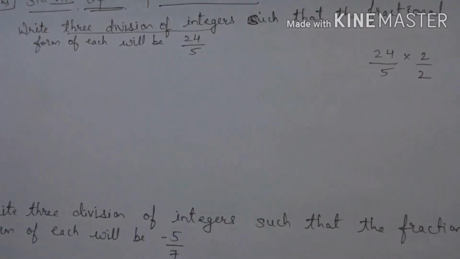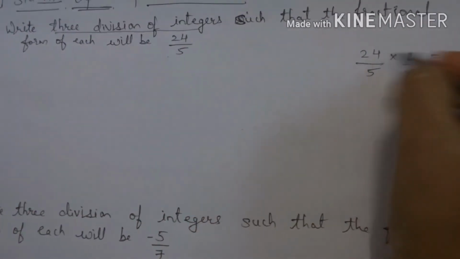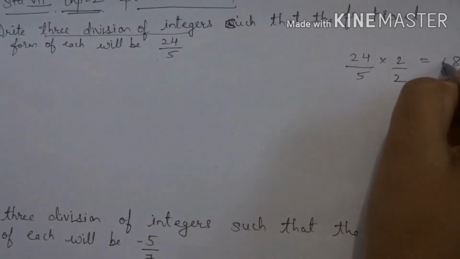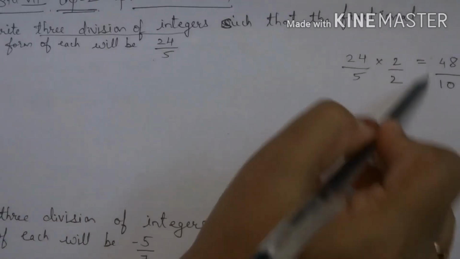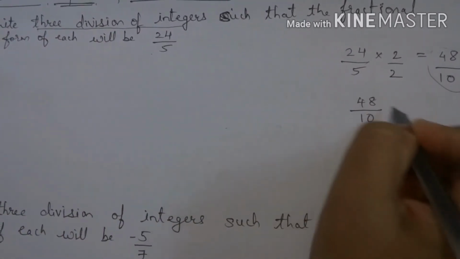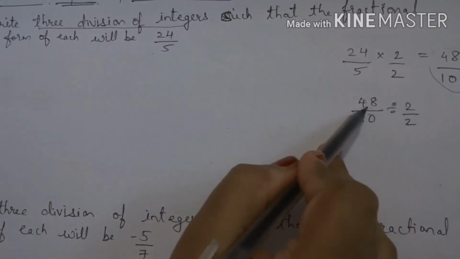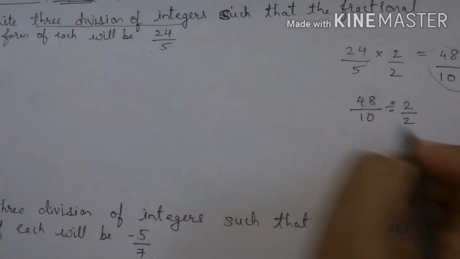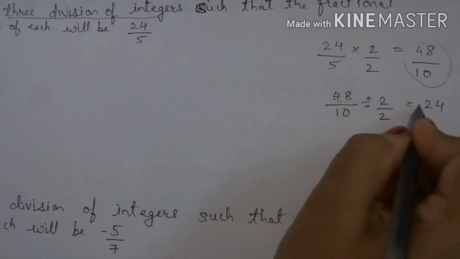First you can multiply by 2. So what you will get, 24 2s: 4 2s are 8, 2 2s are 4, 48. 5 2s are 10. So you got 48 divided by 10. Children, 48 divided by 10, if you divide it by 2, you will get what? 48 divided by 2 gives 24. 2 4s are 8, 2 2s are 4.